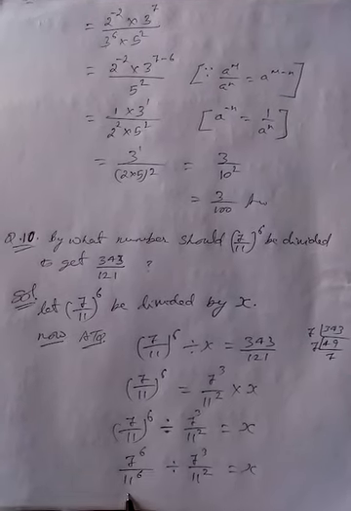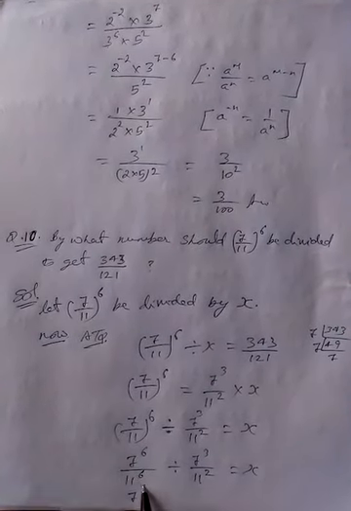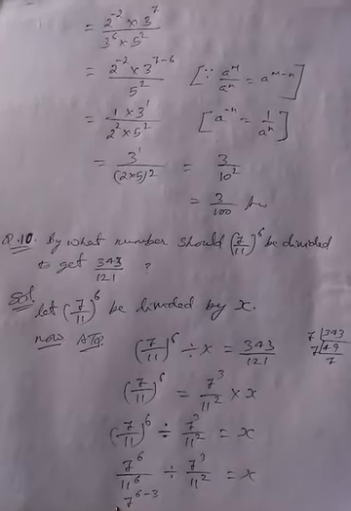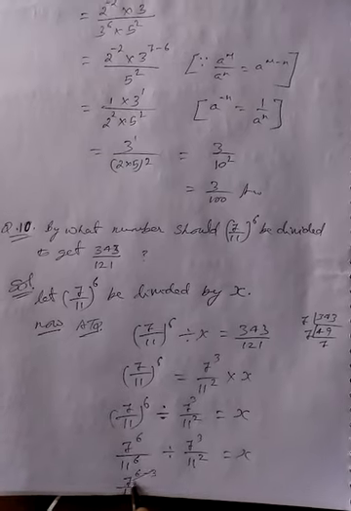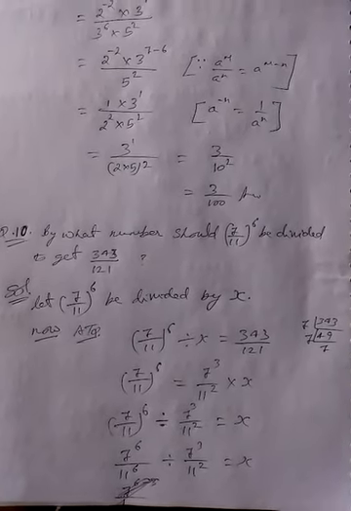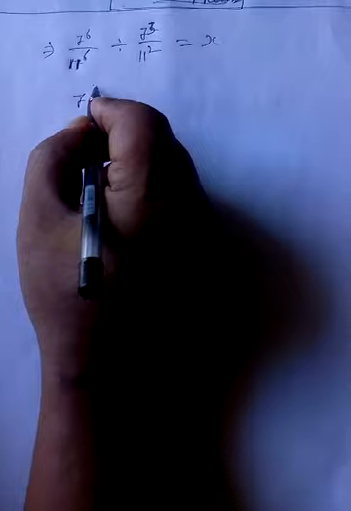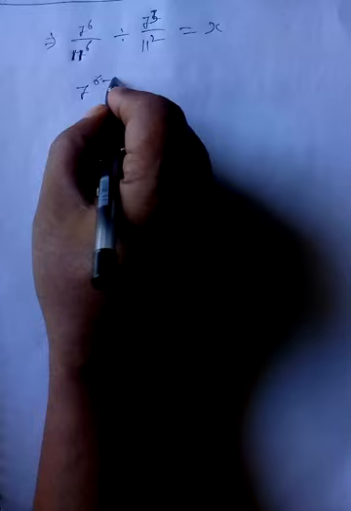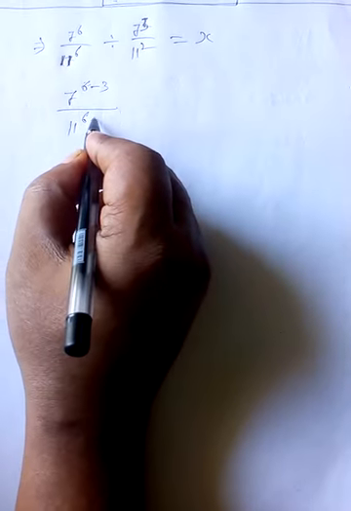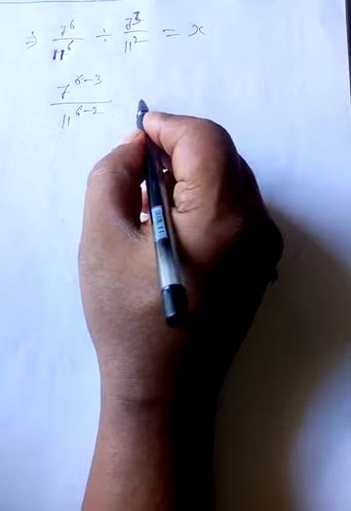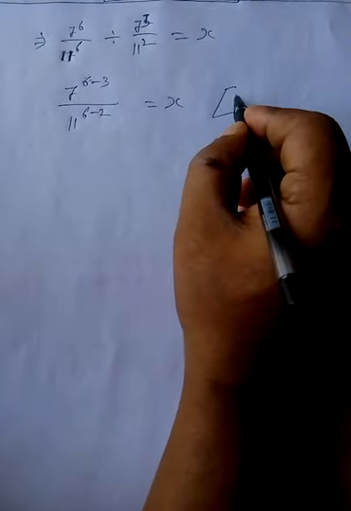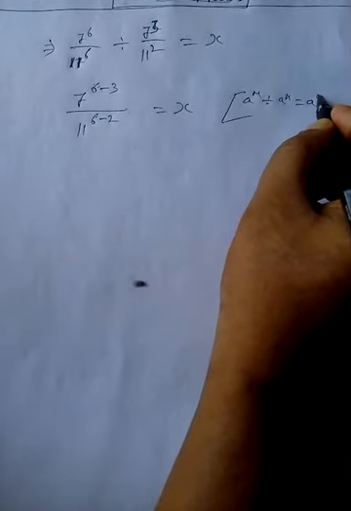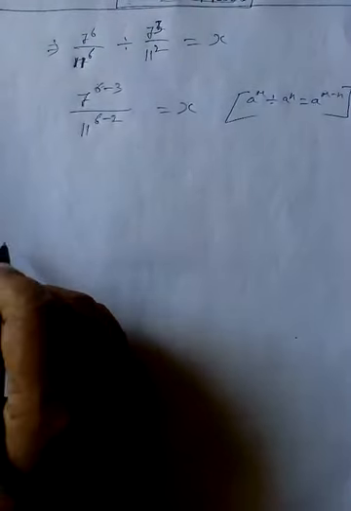So what we will do, 7 raised to the power 6 minus 3 upon 11 raised to the power 6 minus 2 is equal to x. When same bases are divided, exponents will be subtracted. The law we have used is a raised to the power m divided by a raised to the power n is equal to a raised to the power m minus n. This is the law we have used.